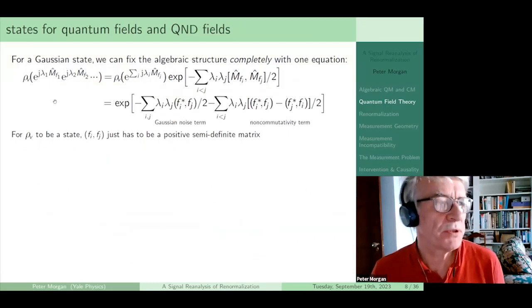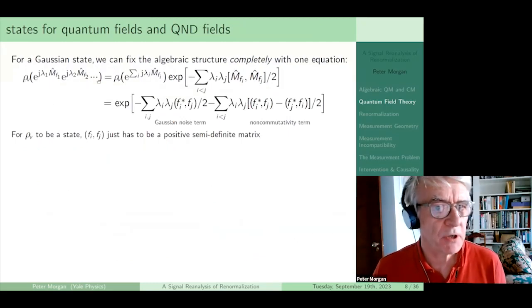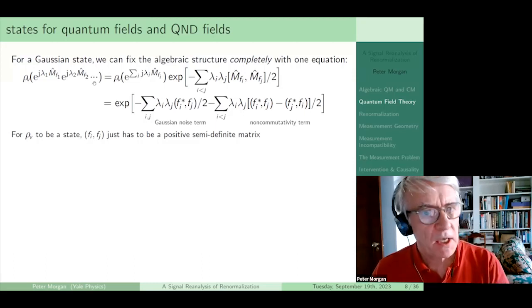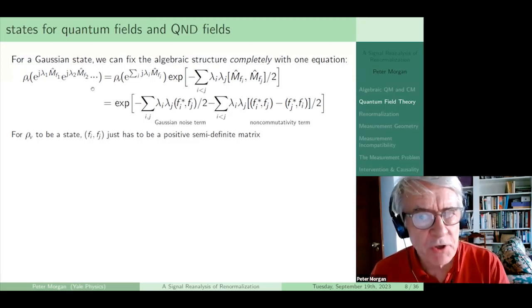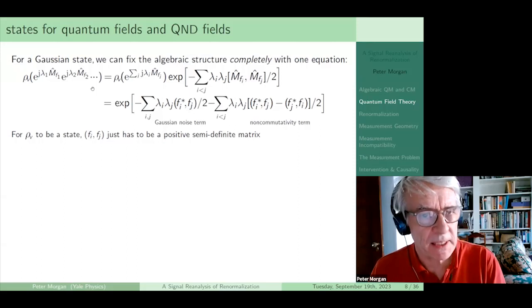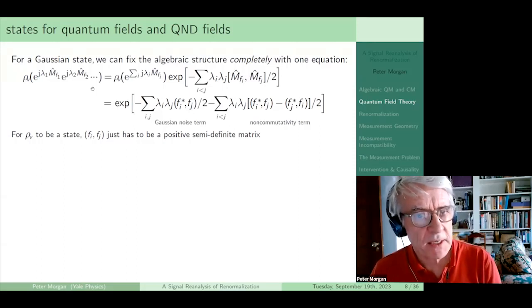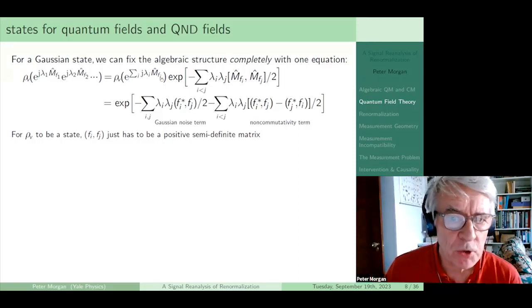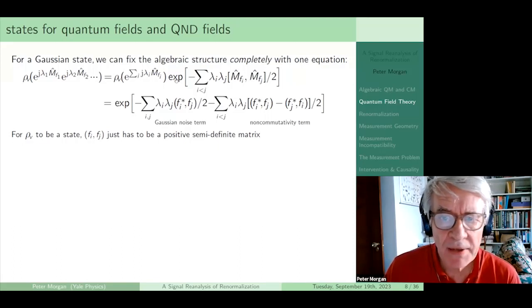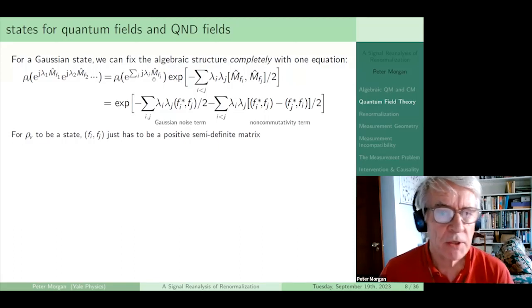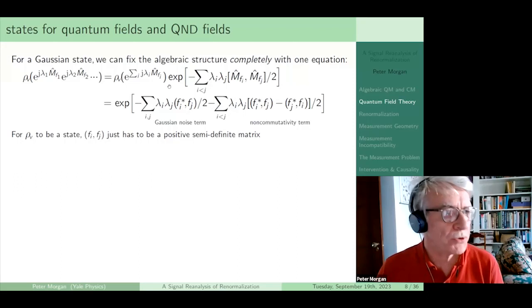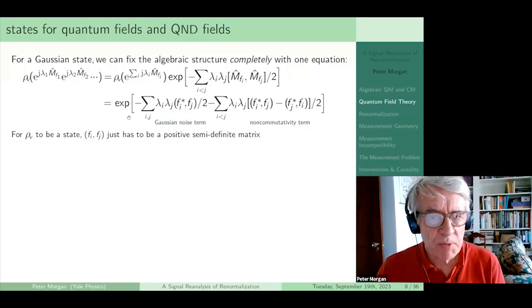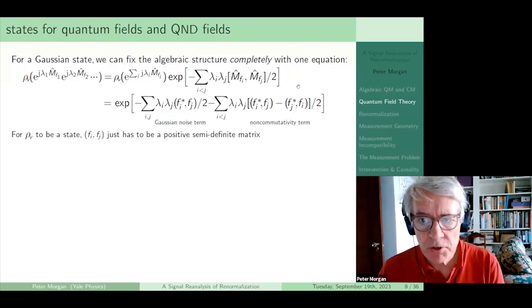The reason I wanted to introduce the Wigner characteristic function is that if we fix it, we can fix the algebraic structure of the algebra completely. For the Gaussian state in particular, we can separate it into a Gaussian noise factor and a non-commutativity factor by using the Baker-Campbell-Hausdorff identities, which becomes a noise term and a non-commutativity term. And that fixes the algebraic structure of the commutator.